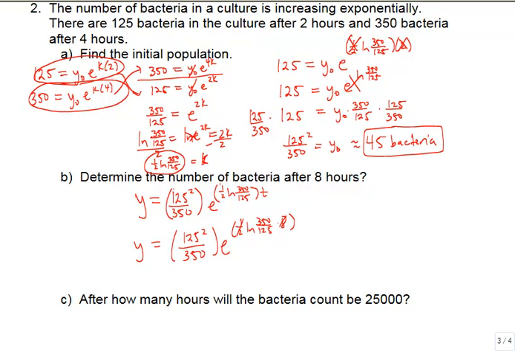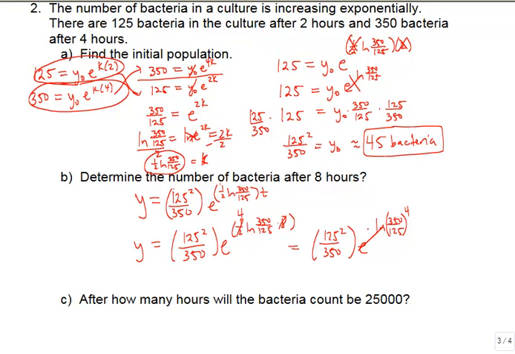1/2 of 8 becomes a 4, so you can substitute that in if you like, and just punch it into your calculator. It's actually going to come out nice and even, because if you rewrite this, you don't have to do this. You may certainly do it on your calculator, but I just want to show you that this becomes e to the 4 ln of 350 over 125, and this 4 can be brought up to a power, so that this would become the ln of 350 over 125 to the 4th.